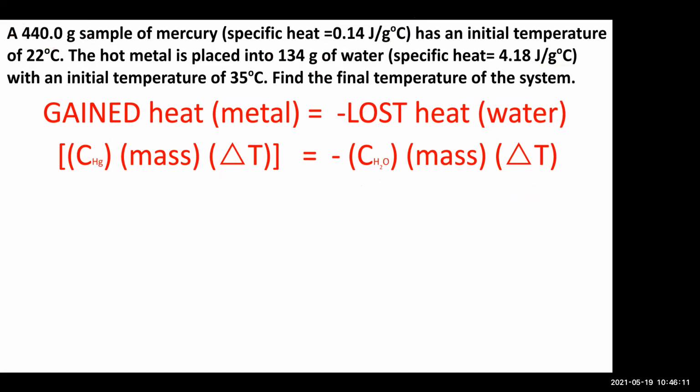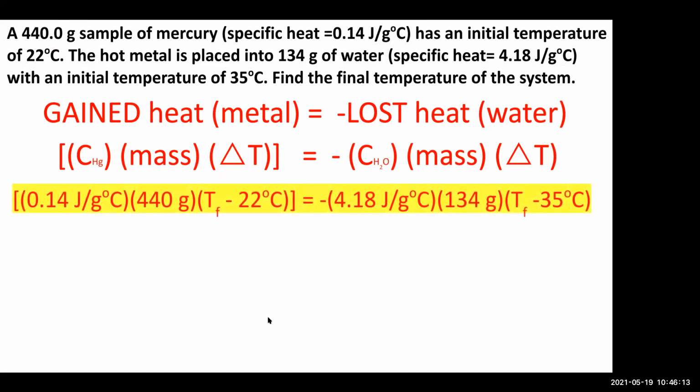So I'm just going to plug those values in. Notice I have a TF variable on each side. So at this point, I'd like to kind of rationalize the problem a little bit. So I'm going to multiply those numbers that are in the front here, and then we will distribute that through times our TF and times our negative 22 degrees Celsius.